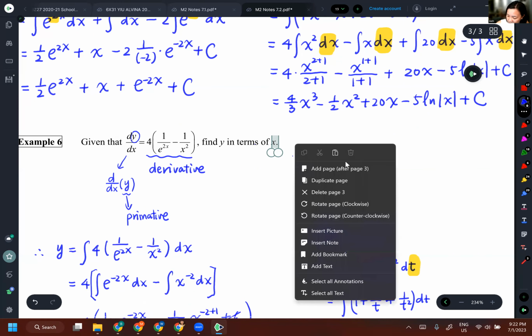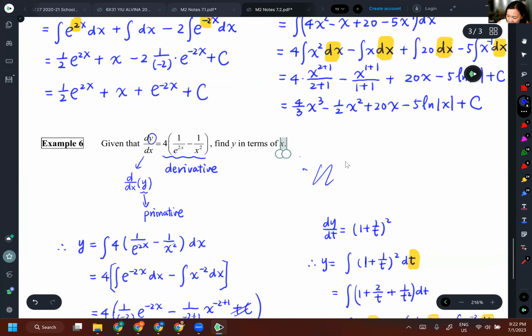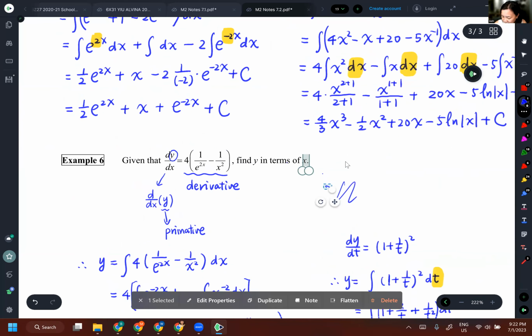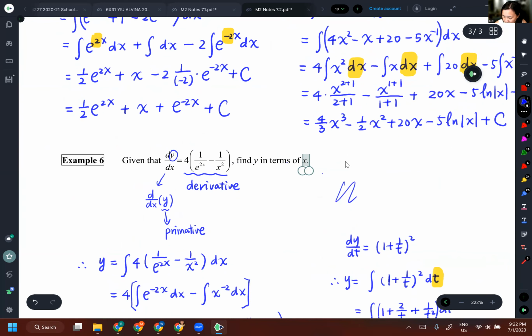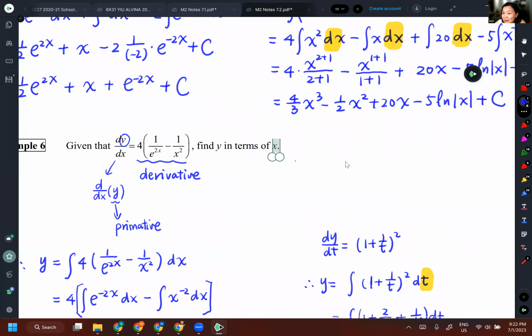But for this question, if you allow me, normally teachers won't do that, but if I allow you to do that, you will see. In the past, dy dx was seen as a fraction.